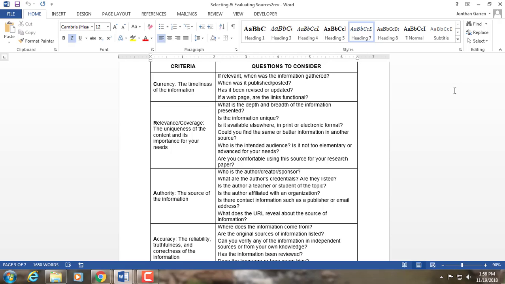Is it maybe an offshoot from the organization? Is it just from fans who generated a website to talk about different aspects of a specific sports organization? Because in those cases it's very different relevancy and very different authority, right?